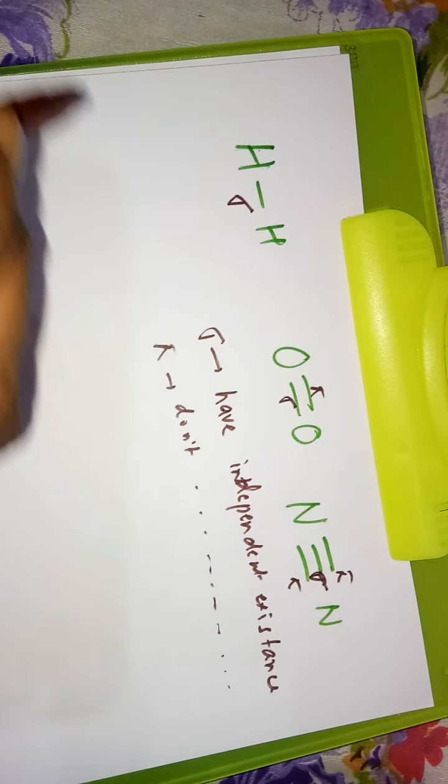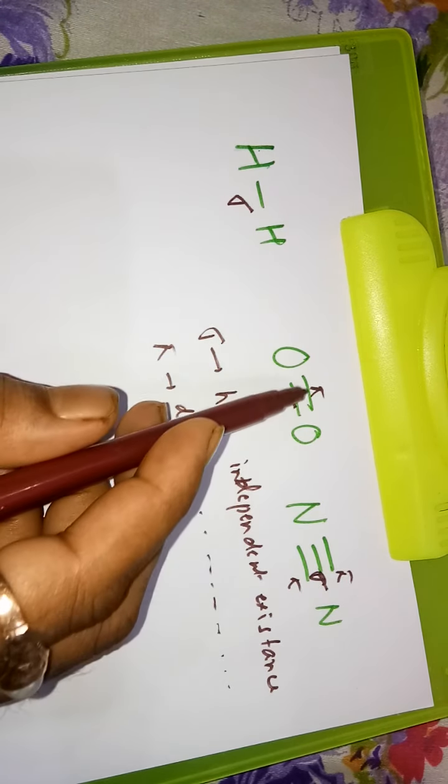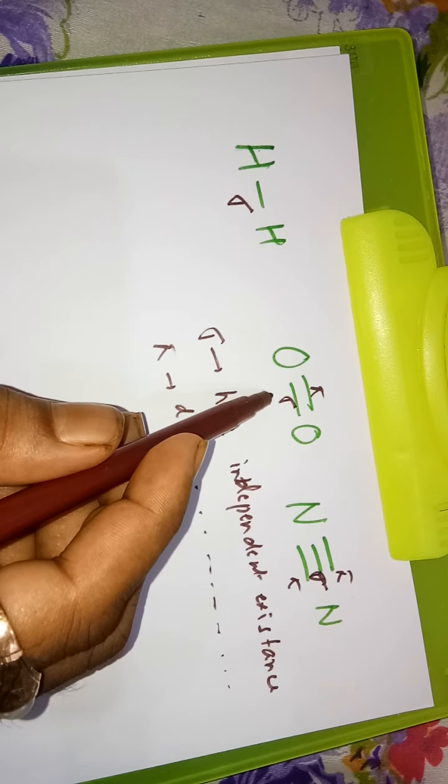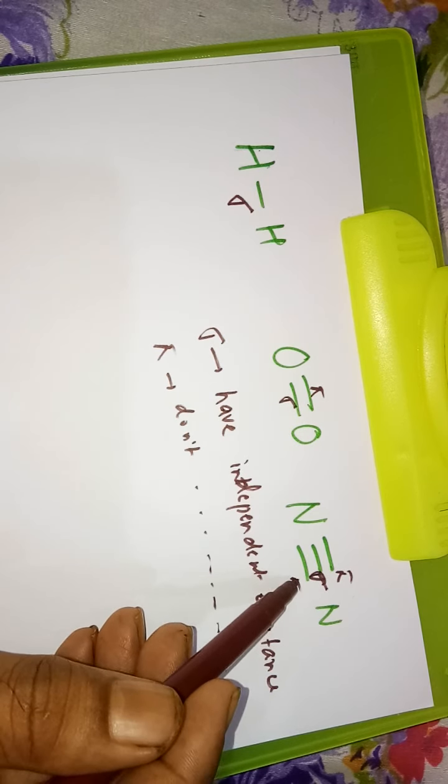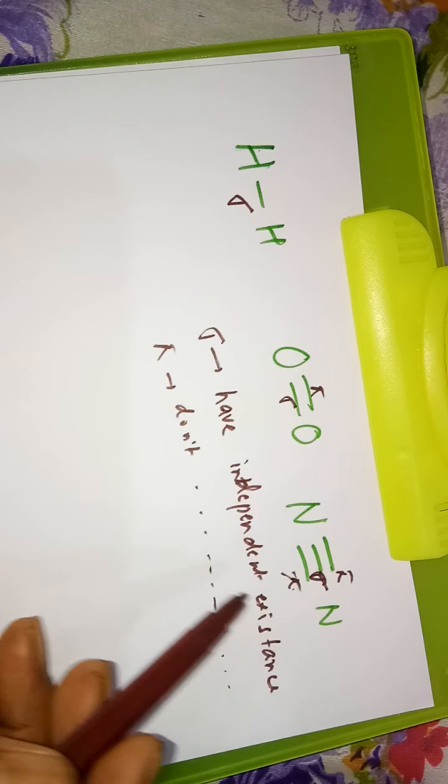So remember that if a pi bond is to be formed, a sigma bond must be formed first, then the pi bond. If there are 3 bonds, then we have 1 sigma and 2 pi bonds.